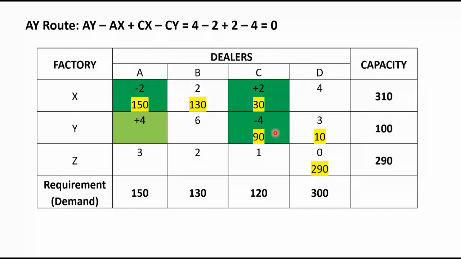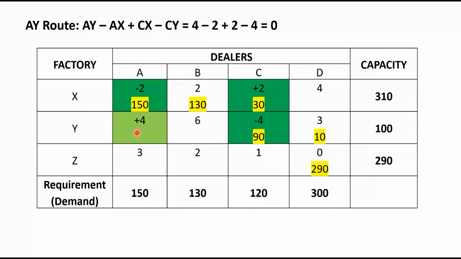Since we have two squares right here that are negative, we have -2 and -4, and the least number of units is 90, then we will be adding 90 to the squares that have a positive sign, and we will be removing or subtracting 90 from the squares that have a negative sign.